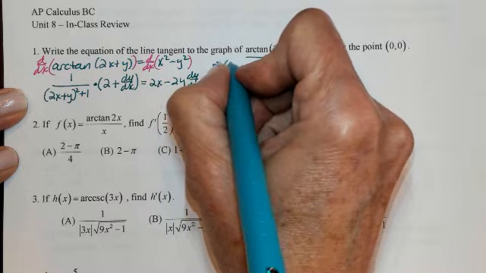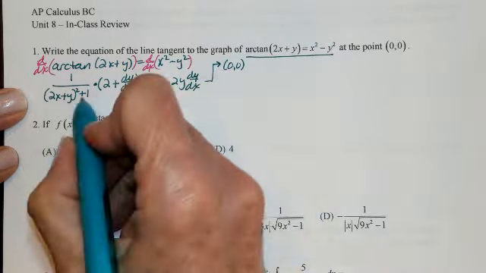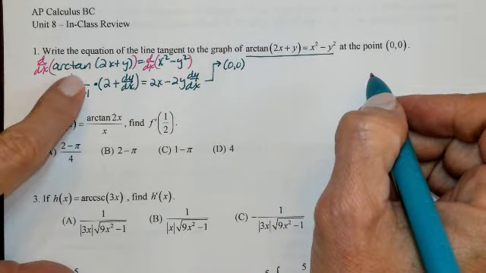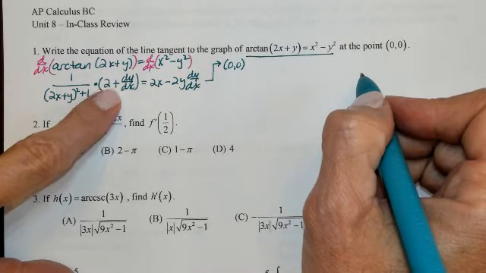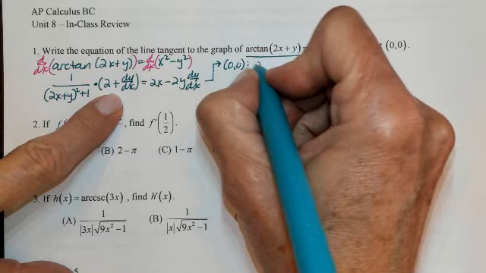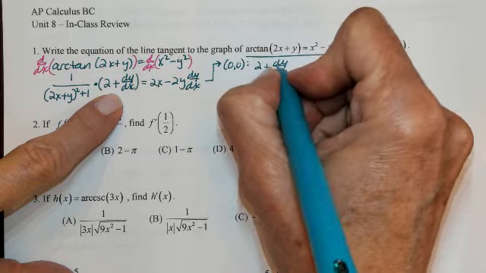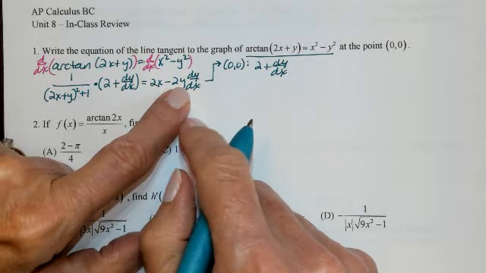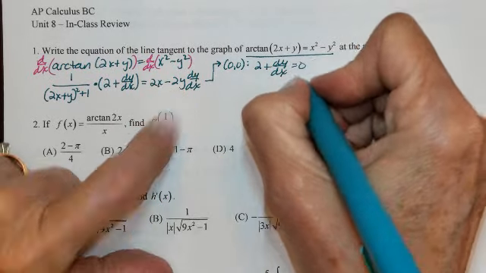Now we're going to plug in the point (0, 0). When we plug in the point, this is 0 now, so this is just a 1 times 2 plus dy/dx. So this is just 2 plus dy/dx on that side, and it's equal to 0 minus 0, so 0.